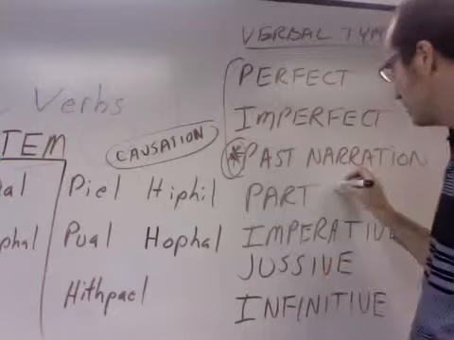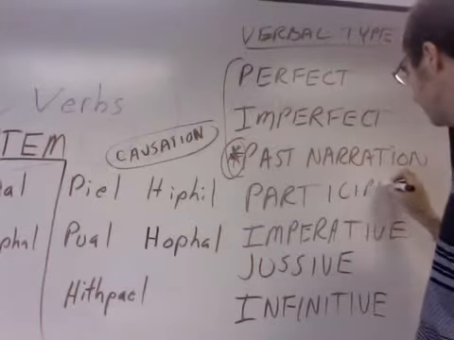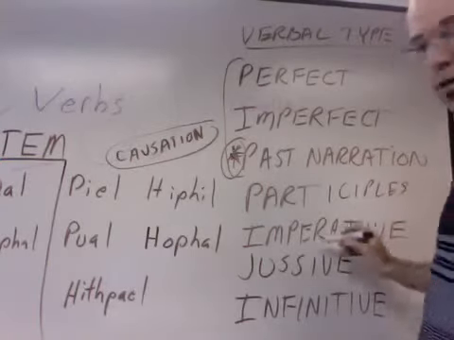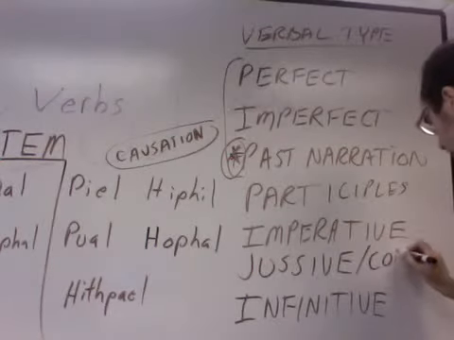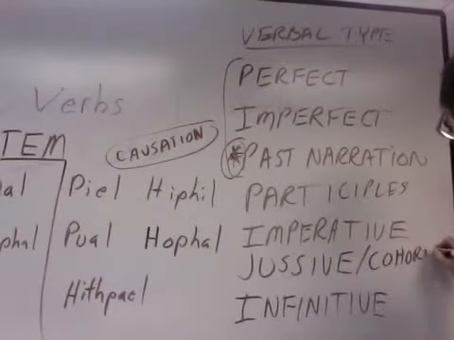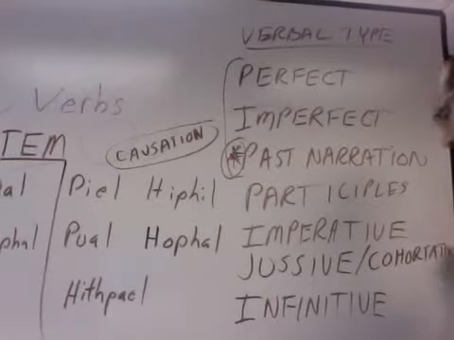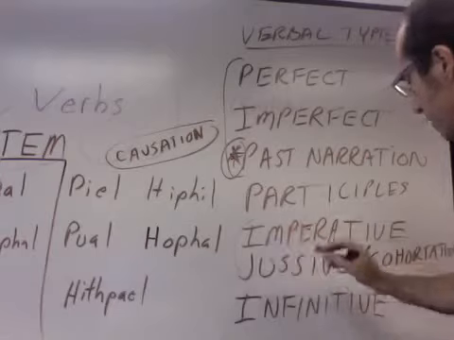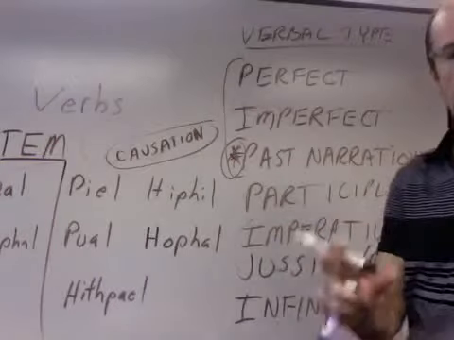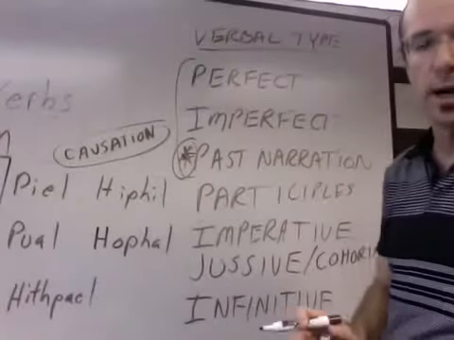There's also participles in Hebrew, imperatives, jussives, and I should have also put cohortative. Cohortative is off the screen there. All three of these, imperative, jussive, and cohortative, are different types of commands that we see in the Hebrew Bible.